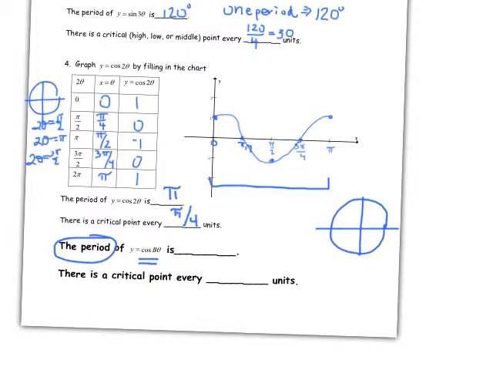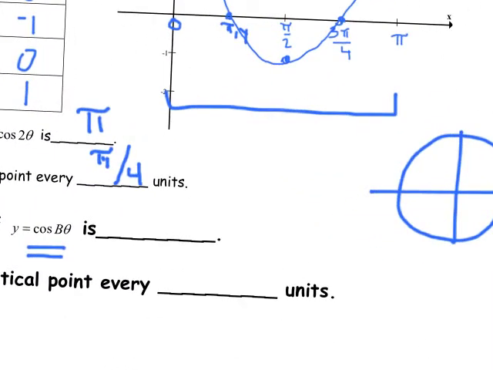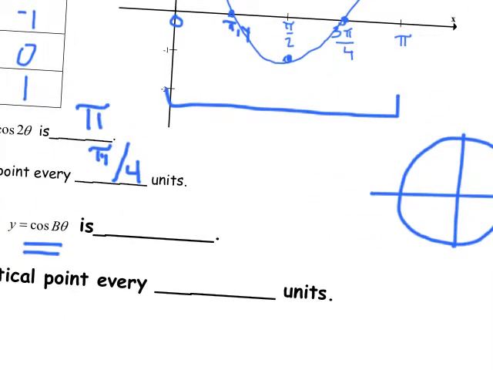But what we do is we take this number that's right here and we divide it by what it normally is. So it's not that B tells you your period, it's that B gets you your period. So if it's in degrees, you'll do 360 divided by B, or if it's in radians, 2 pi divided by B.